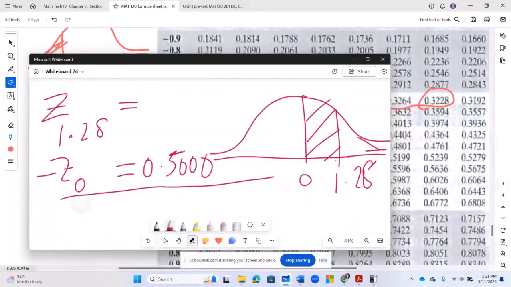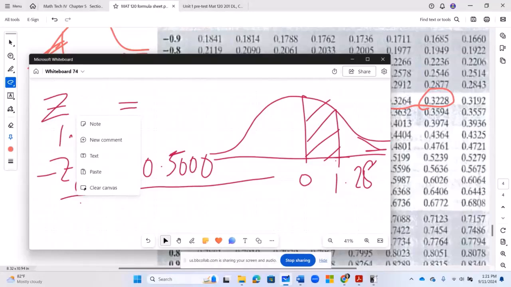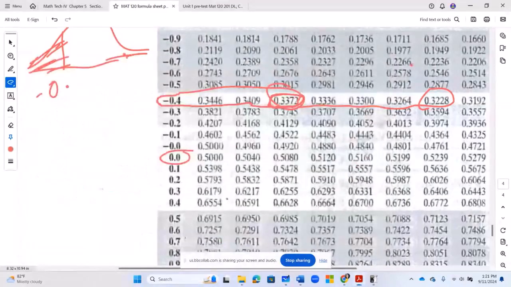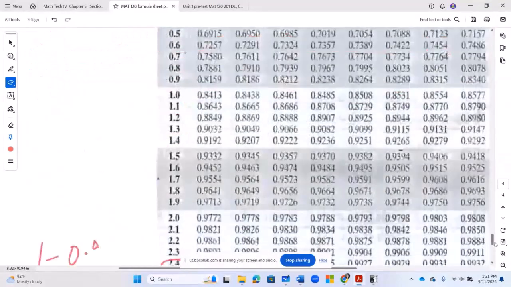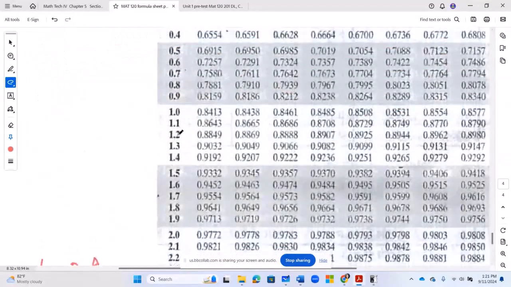So that is reading the chart for z0. Now I'm going to read the chart for the upper bound, 1.28. So I'll go to the chart and find 1.28. All right, 1.28. So I have 1.2 right here.